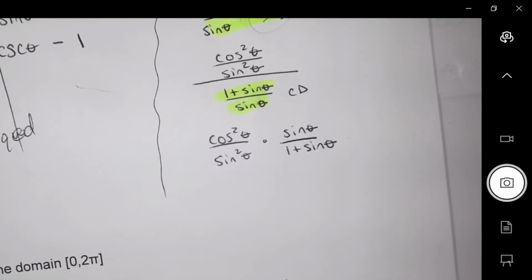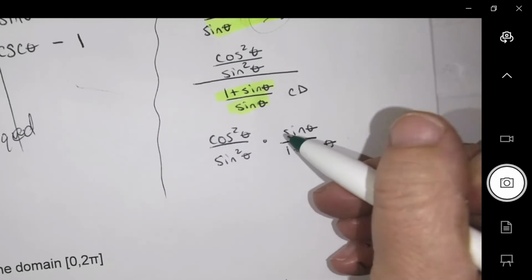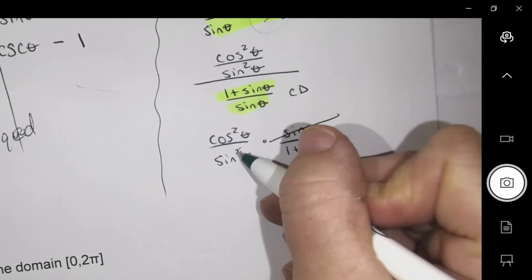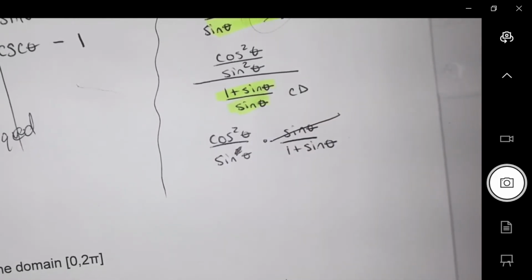Okay, this is going to get there. Flip, multiply. I can now cancel this sine with one of those sines.